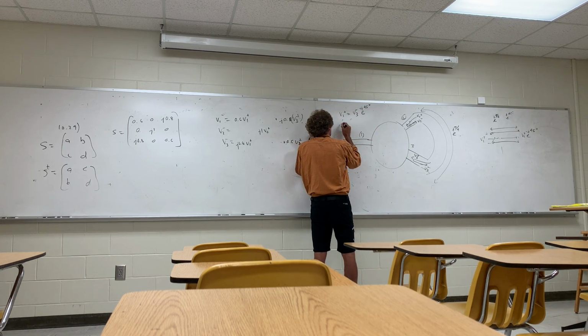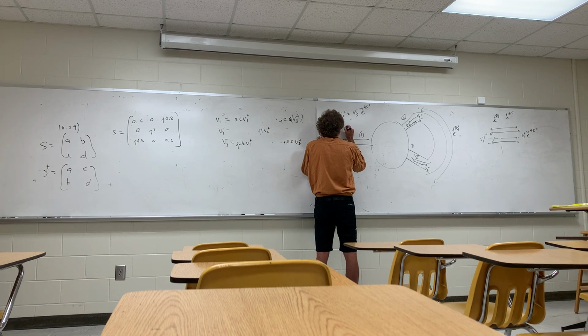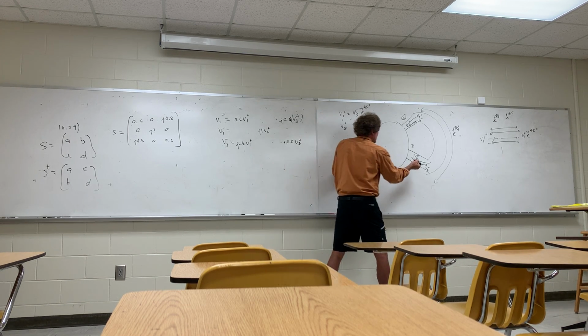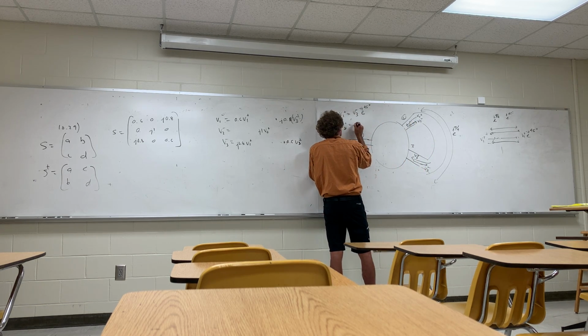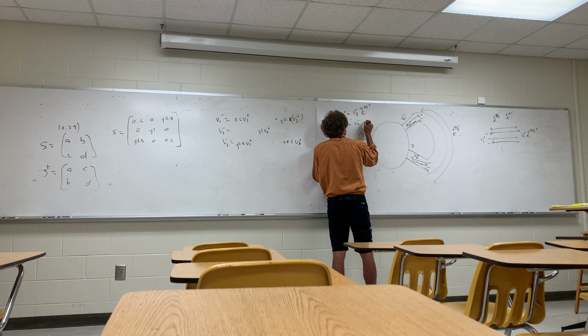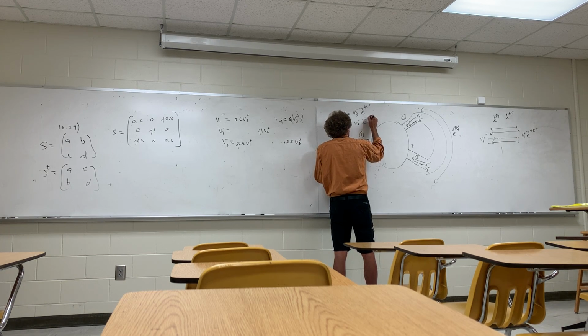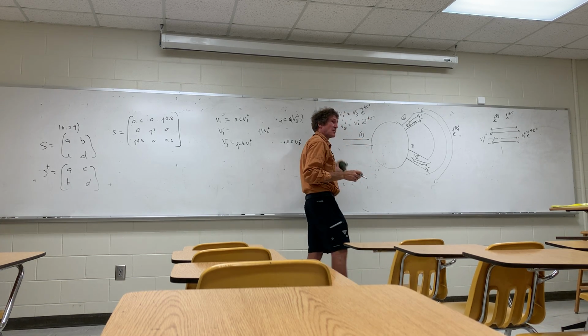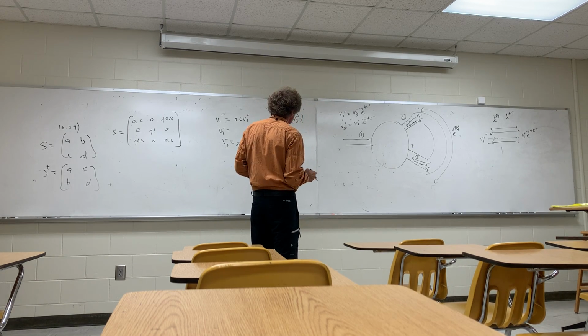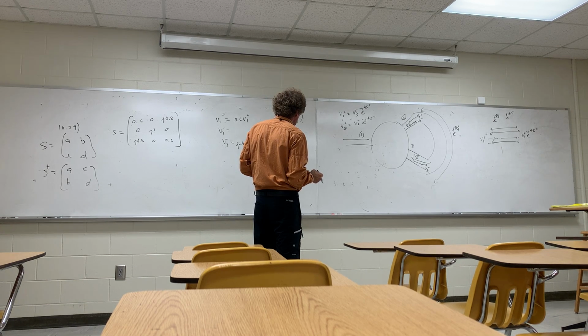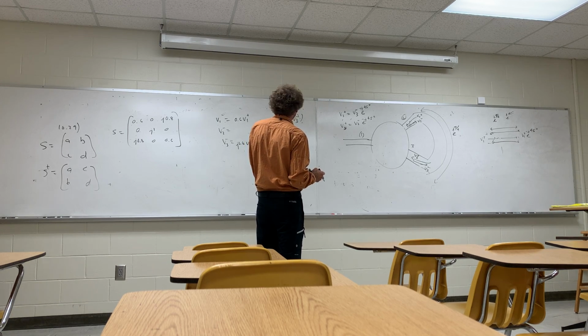Then you can see V3 plus coming here is going to be V2 minus times e to the minus j 45 degrees. Y'all with me? Now, if you've got that, let's see here.